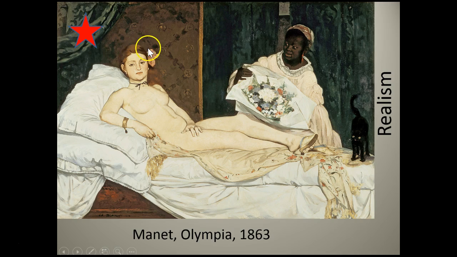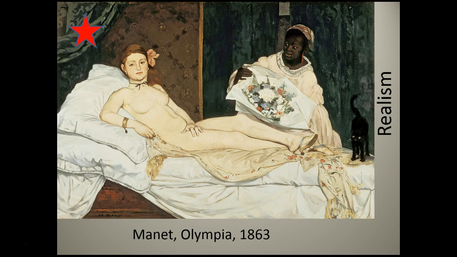Things that indicate this are the orchid in her hair, her bracelet, her pearl earrings, and the oriental shawl. These all are symbols of wealth and sensuality, and probably gifts that she has received from suitors.